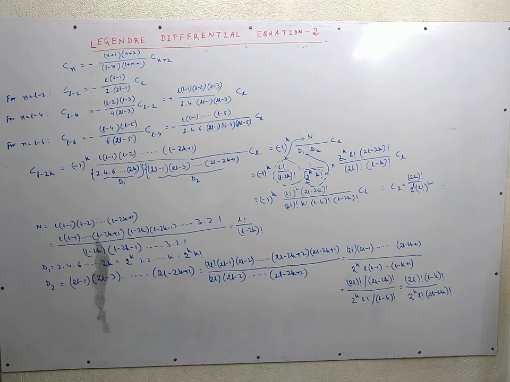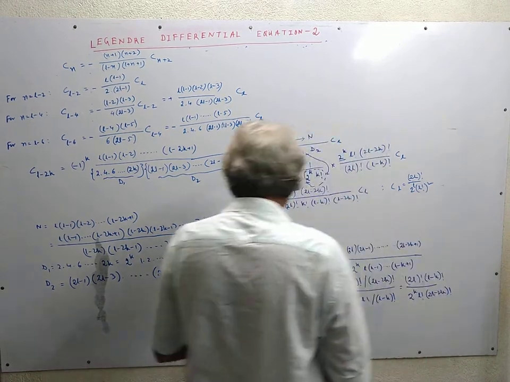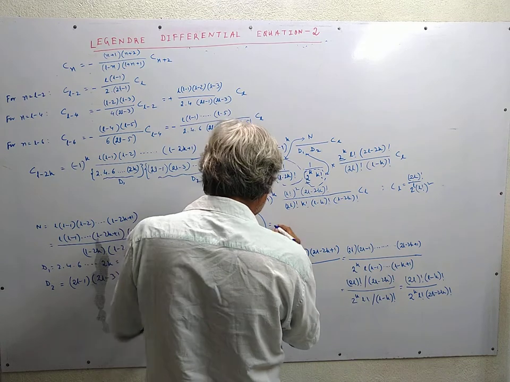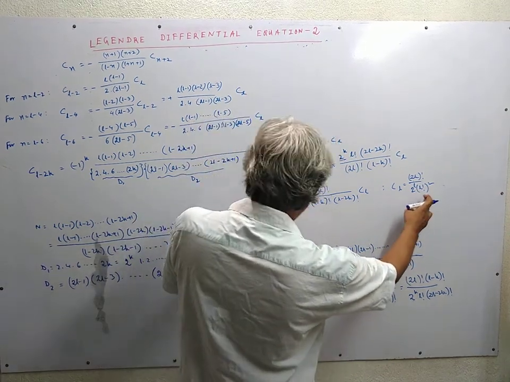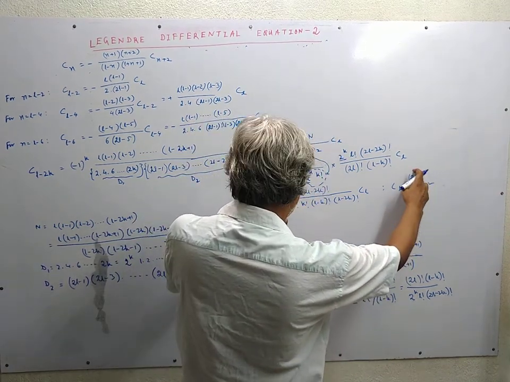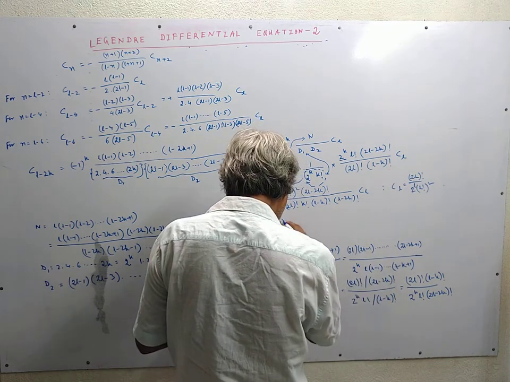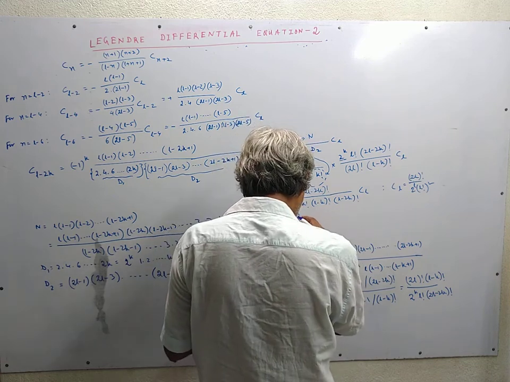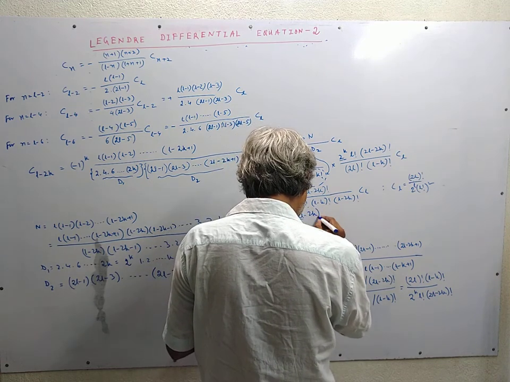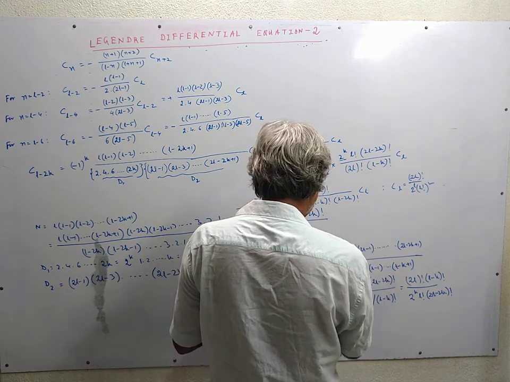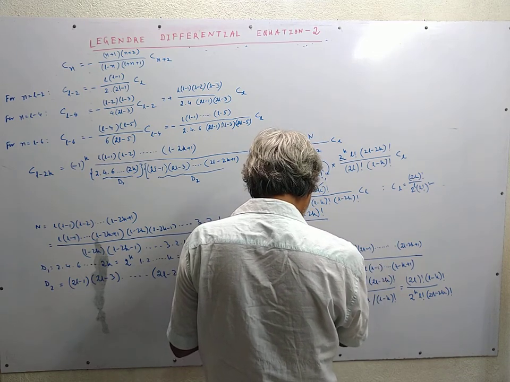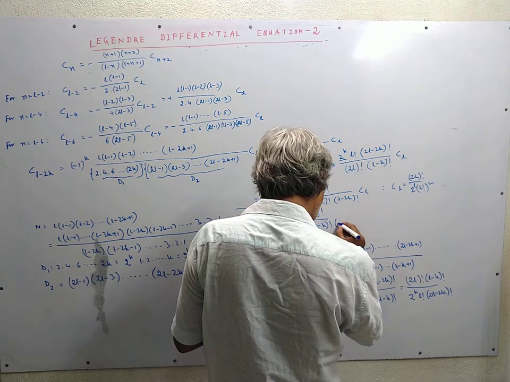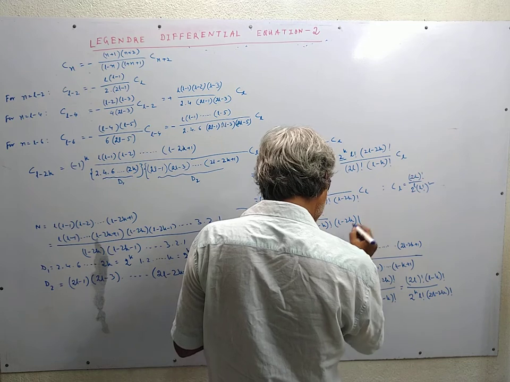One chooses C of L like this, and when we use C of L in such a fashion, you see that L factorial square cancels out, 2L factorial cancels out, and we get in the numerator 2L minus 2k factorial, in the denominator we will have 2 to the power L, k factorial, L minus k factorial, L minus 2k factorial.